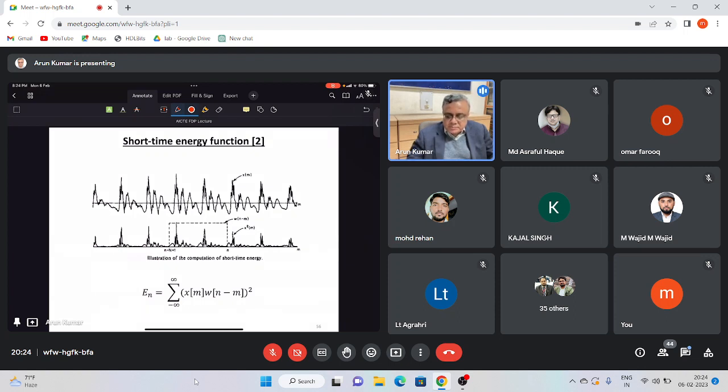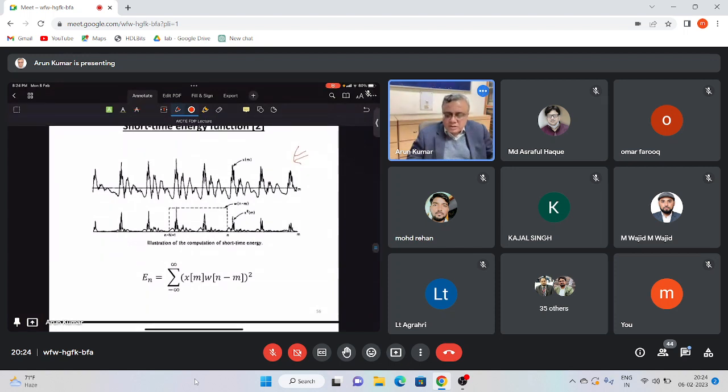So we have the speech signal in the top panel, and in the lower panel we can multiply it by a window function as shown over here, and then we take the sum of squares, which will give us the energy of the signal in this window. And this window can then be slid, and you can then find the energy as a function of time n.